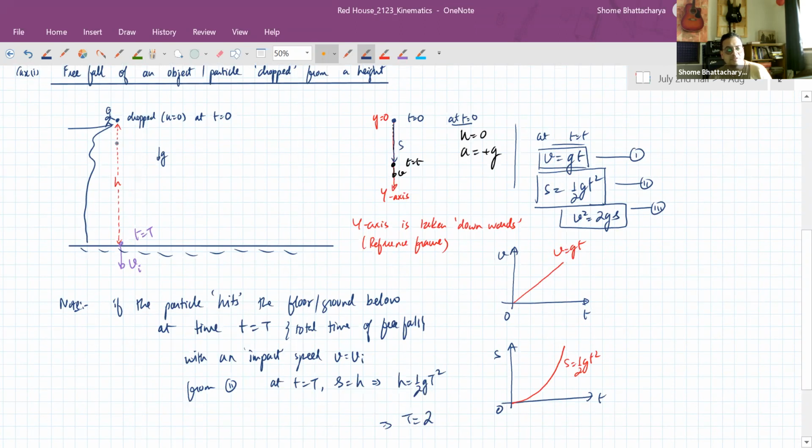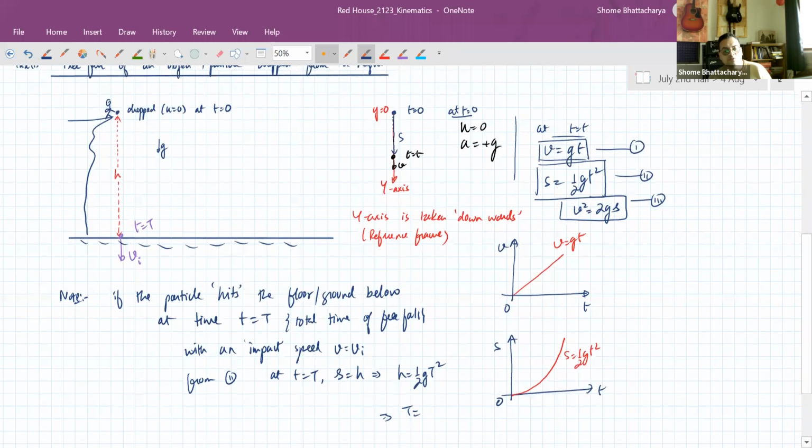So when it hits the ground, the displacement of the object from t equal to 0 to that time, this whole vector from the initial point to this lower point, is h in magnitude and downward in direction. So it's positive h. So the time becomes, cross multiplying this and solving this for time, square root of 2h by g. This is one important formula.